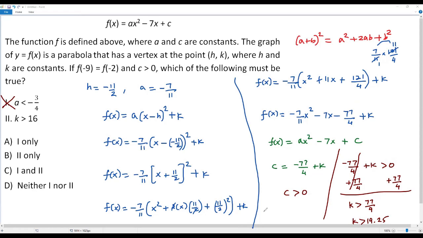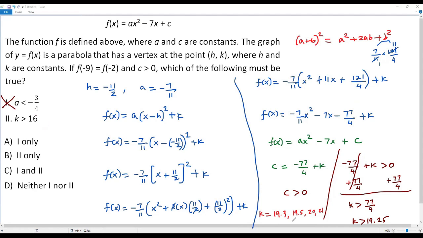Now let me consider some values for k which meet this inequality. Then we can consider 19.3 or 19.5 or some integers like 20, 21. So all the values I have taken are greater than 19.25. So these values satisfy this inequality. Now let's go to statement 2 over here. Statement 2 says k has to be greater than 16.